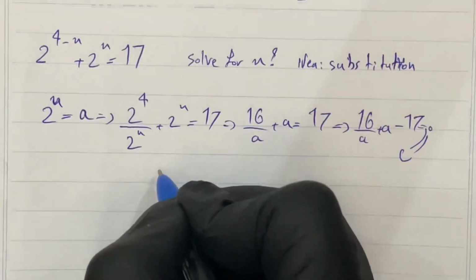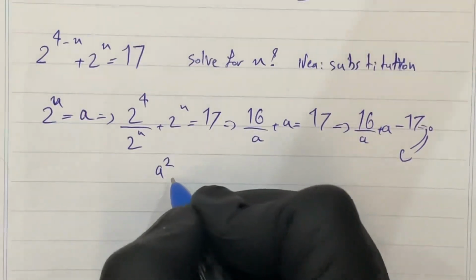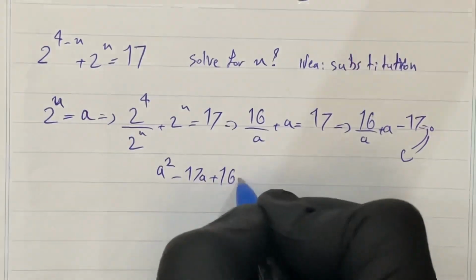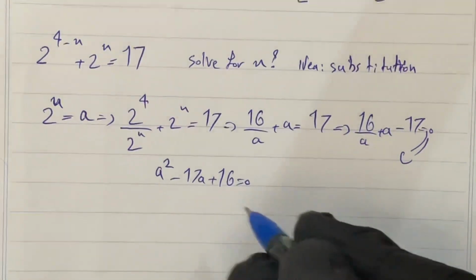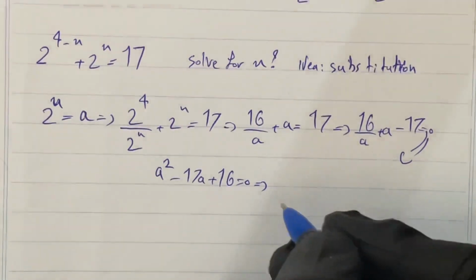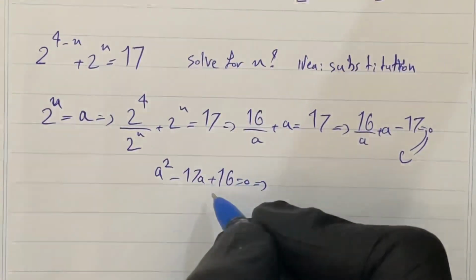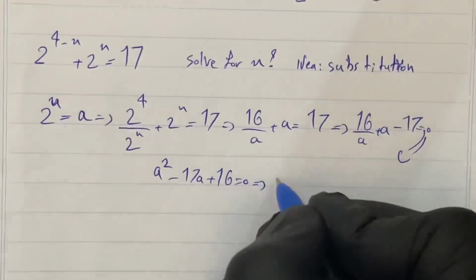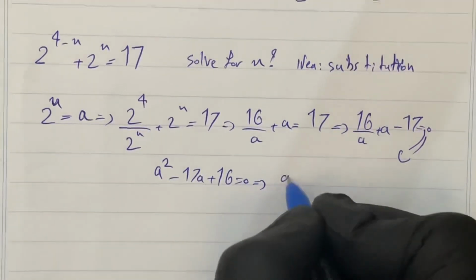We will have a squared minus 17a plus 16 equals 0. So it's so easy. We reach a quadratic equation, and we can just solve it by factorizing. We don't need the quadratic formula. So what would our factorization be?